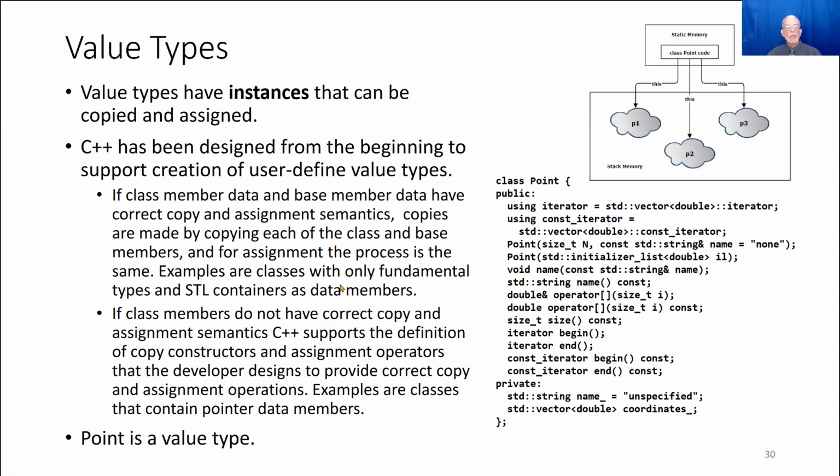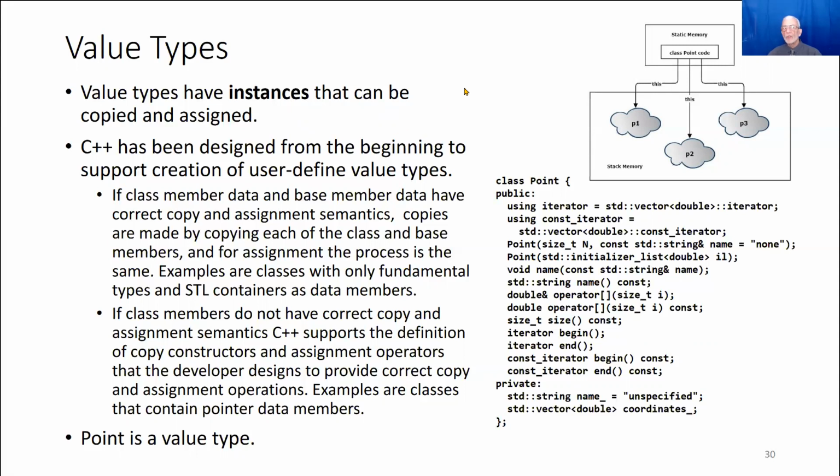Okay, the last thing that we want to emphasize here is value types. C++ is unique in the way it treats value types. Value types have instances that can be copied and assigned. And the thing that makes this unique for C++ is that they can also be polymorphic types. They can have virtual functions. They can have constructors and destructors.